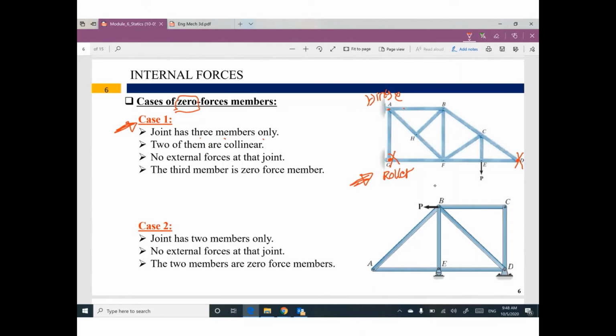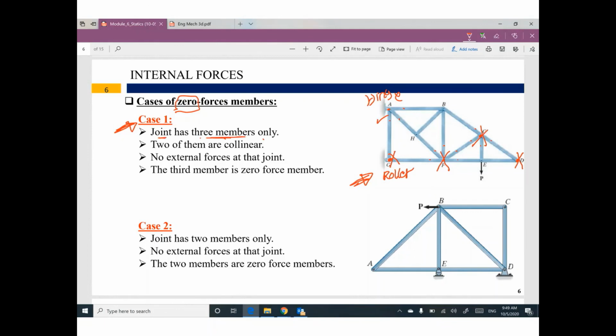Probably. How many members at this joint? 1, 2, 3, 4, 5. Forget it. How many members at this joint? 1, 2, 3, 4. Forget it. We need joint with 3 members only.